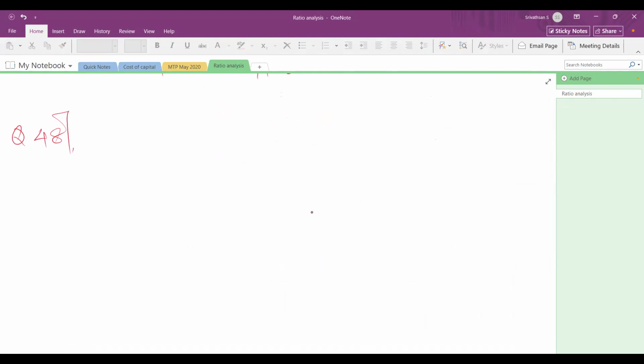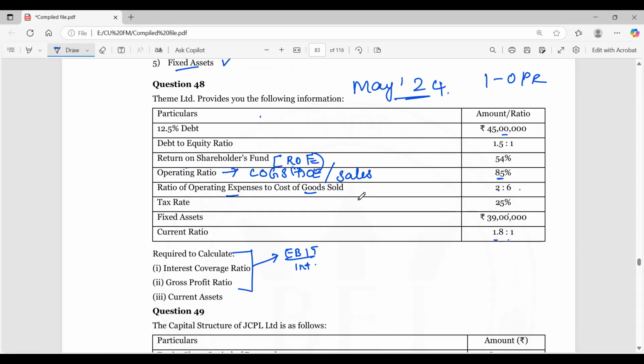Question number 48. Listen, working note number 1 is to calculate what? Equity. For calculating EBIT, you need equity. Equity is not directly given in the question. Only the debt equity ratio is given. Debt equity ratio is 1.5:1.